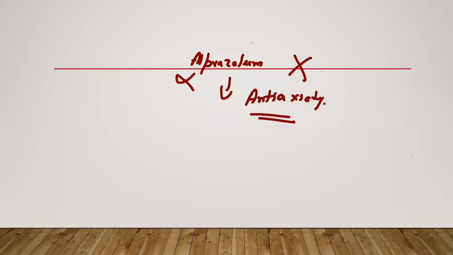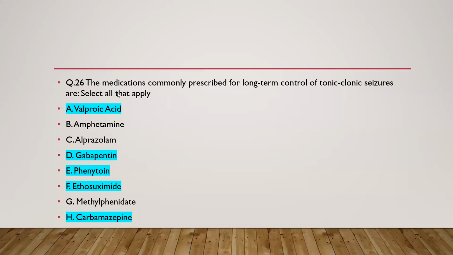Let's see the right options here: medications used for the control of tonic-clonic seizures. Option A, valproic acid, is the right answer because we have discussed that valproic acid is an anticonvulsant drug. Carbamazepine is also a right option.